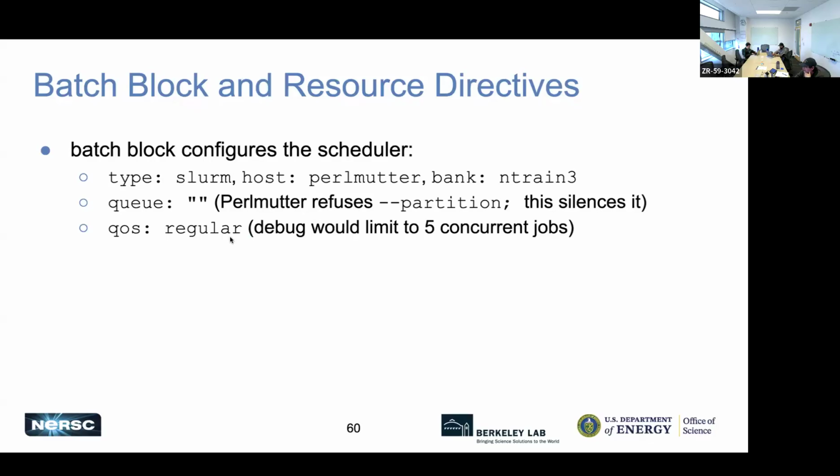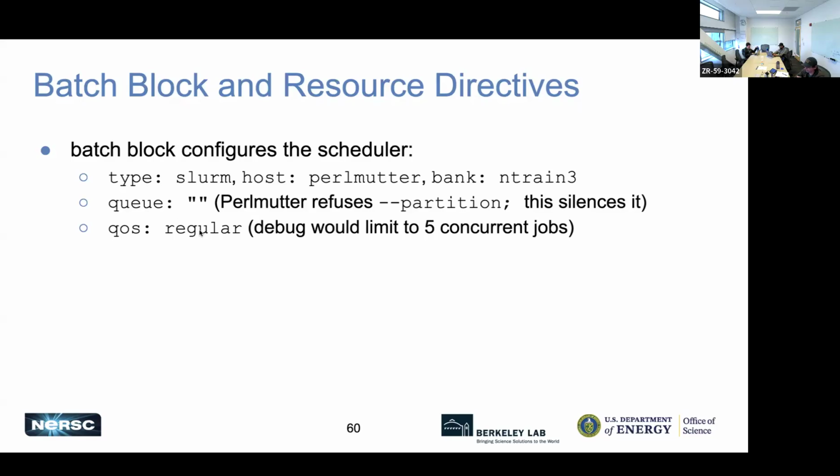Another little caveat with the example here, we've got 9 jobs in the example, and the debug QoS is limited to 5 concurrent jobs, or I think it's a submission limit of 5. So if you try to use debug with the example, you might get 5 jobs submitted and then 4 jobs rejected because you've reached your submission limit.